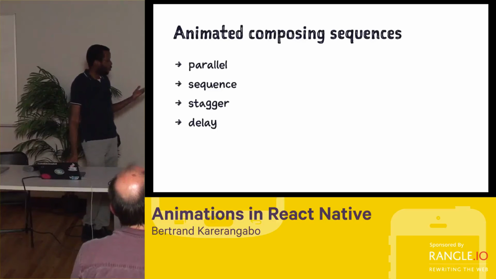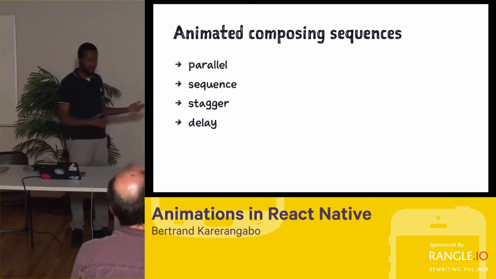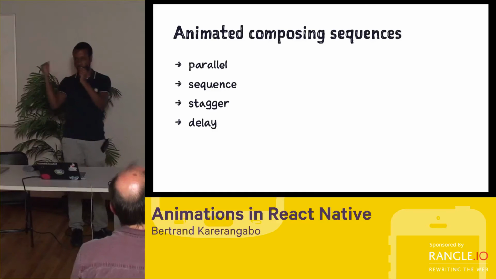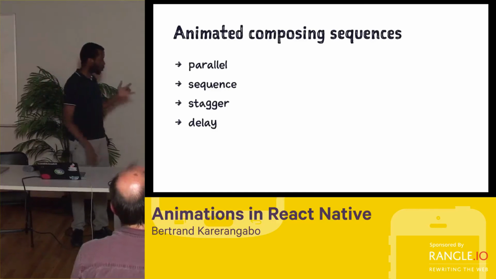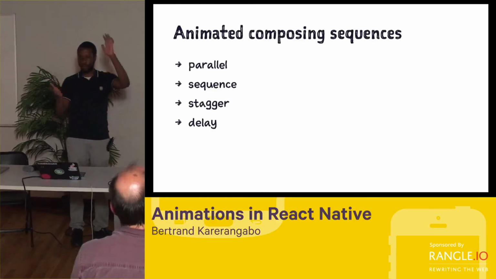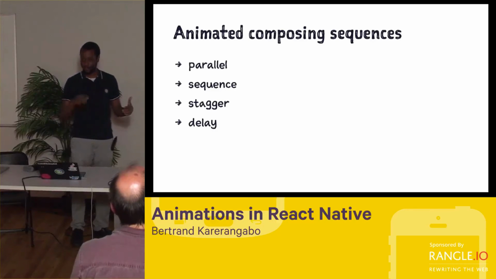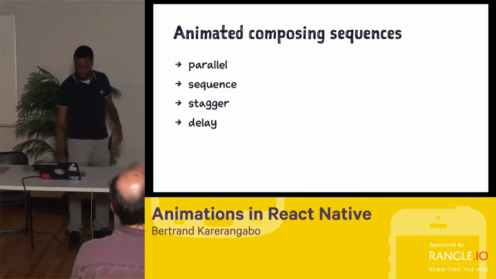You can make them sequential, meaning one starts, finishes, then the next starts and finishes. Stagger lets you configure how they overlap, so I could be bouncing while I'm fading, rather than bounce and then fade. And then delay. You can mix and match them.